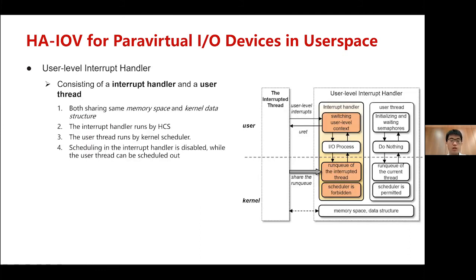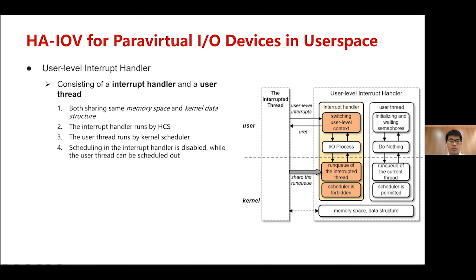To handle the user-level interrupts, a corresponding software interrupt handler is proposed, and its architecture is shown in the red figures. A user-level interrupt handler is composed of an interrupt handler and a user thread, both of which share the same memory space and kernel data structure, when the interrupt handler is triggered to run.